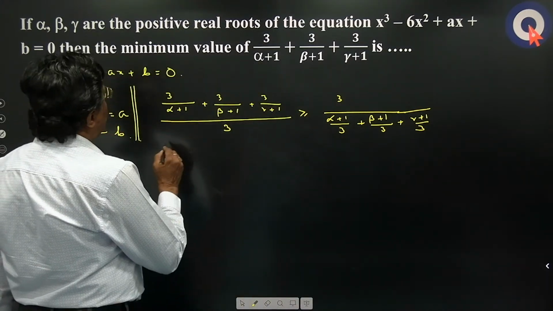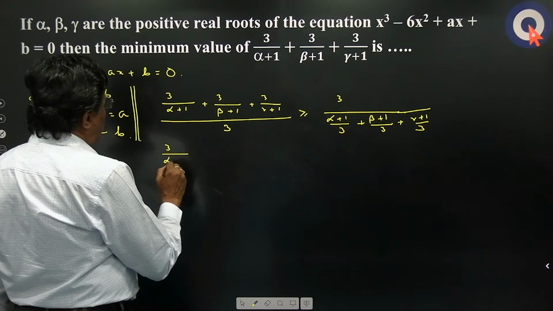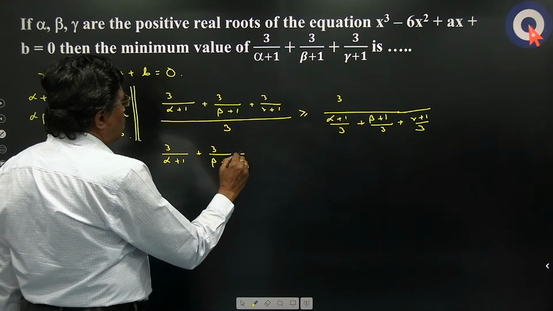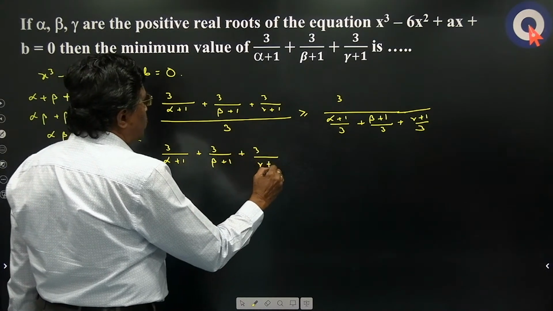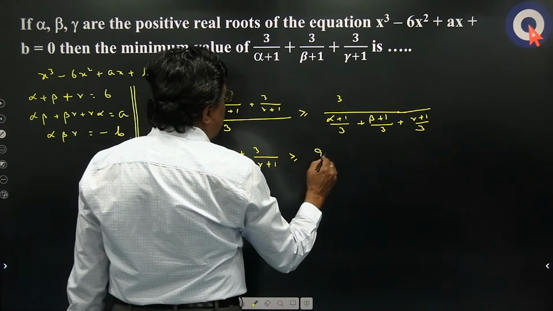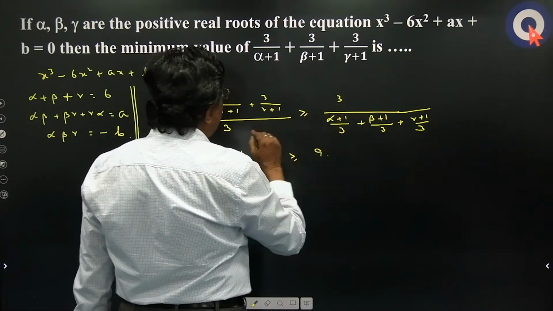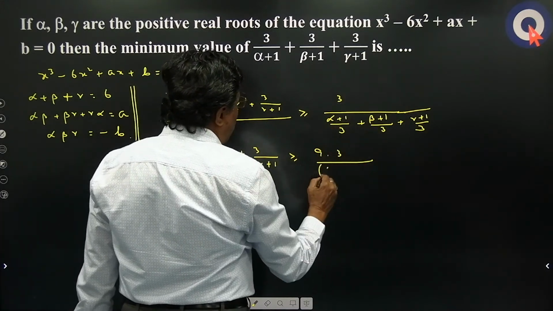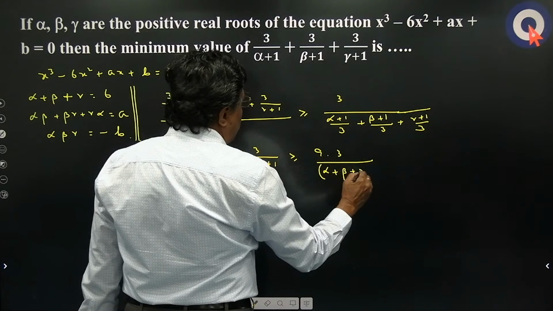So therefore, you have 3 by alpha plus 1 plus 3 by beta plus 1 plus 3 by gamma plus 1 is greater than or equal to, ask this 3 to go to the side. So 9 here, 3 into 3, 9, and this 3 also will come up. You have alpha plus beta plus gamma plus 3.